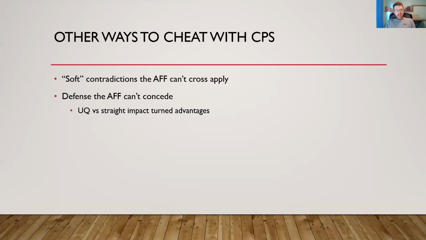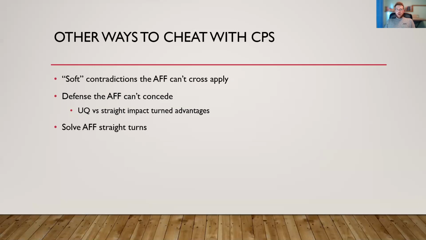You can read a counterplan that solves that advantage. Even though you are making a defensive argument, the affirmative cannot concede your counterplan to get out of the impact turn, because you can kick the counterplan whenever you want. Because the defensive argument is dependent on the existence of this text or this advocacy, which you can jettison at will. So that's pretty nice.